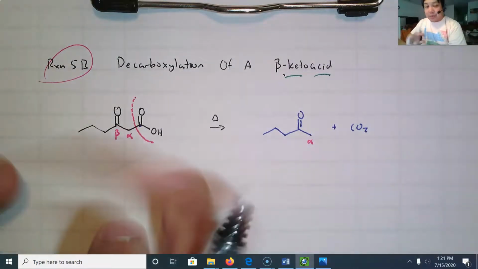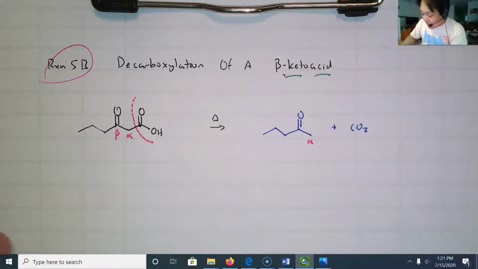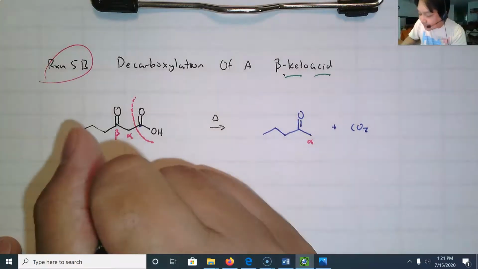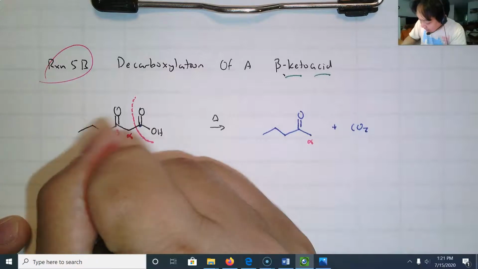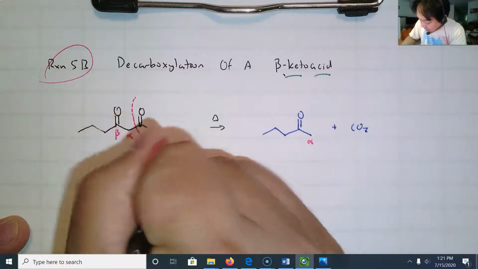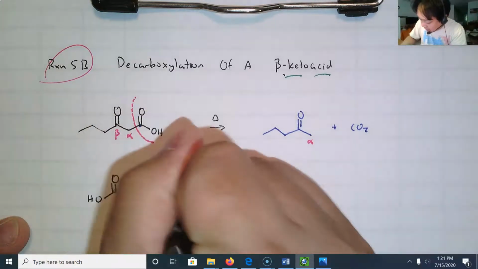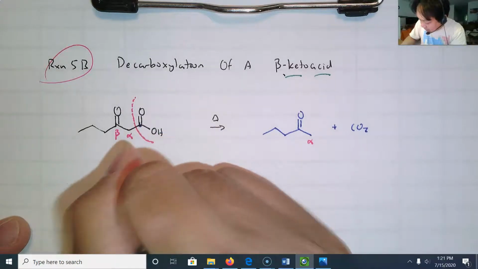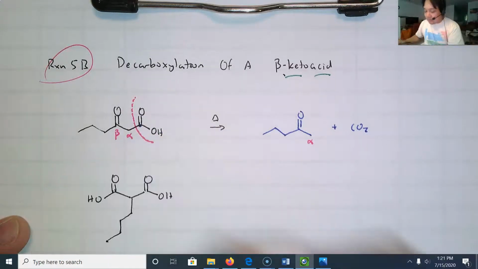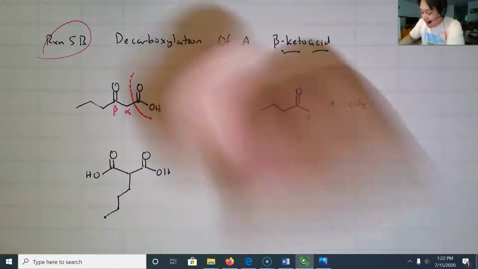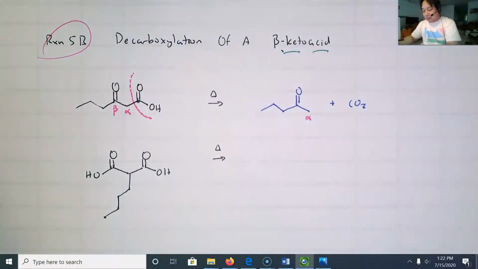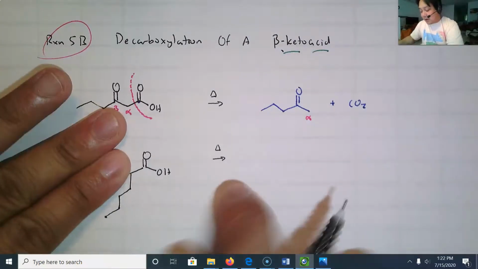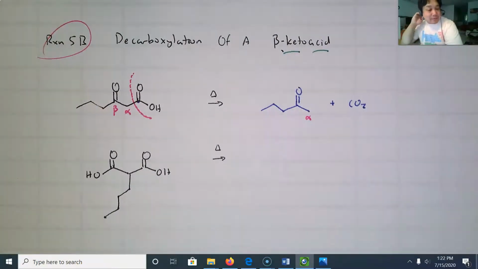This will also work, don't worry, I'll show you the mechanism because it's pretty neat. This also works with a diacid. Look at this. It's symmetrical. So it doesn't matter which carboxyl group you remove. But once you remove one carboxyl group, in this example, the other carboxyl group cannot be removed.